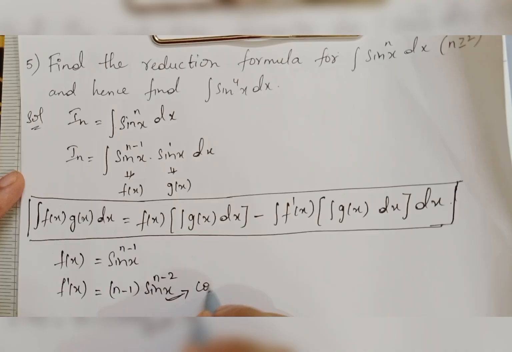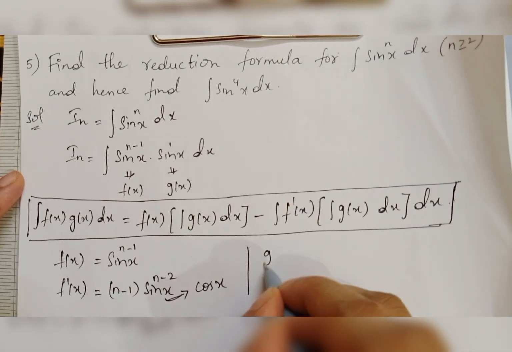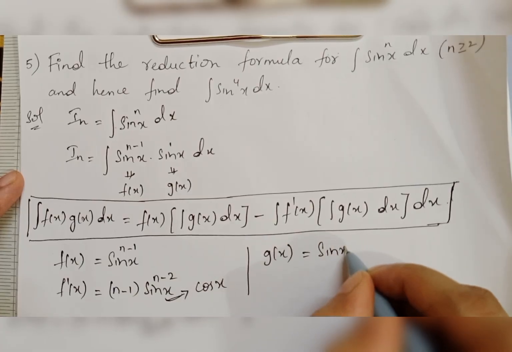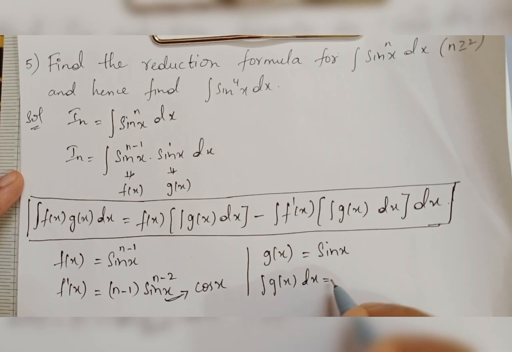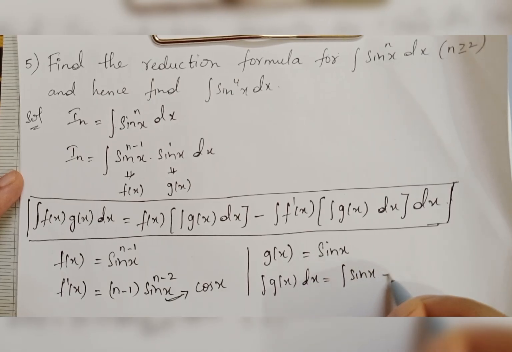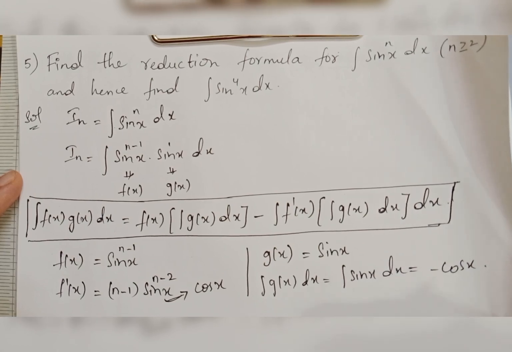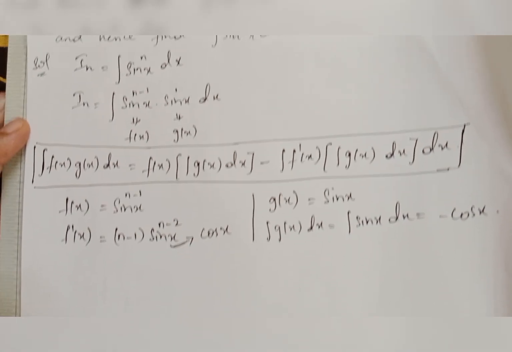So the derivative of sin x is cos x. And again we'll find the integral of g of x. g of x is sin x. Integral of g of x dx will be integral of sin x dx, which is equal to minus cos x.